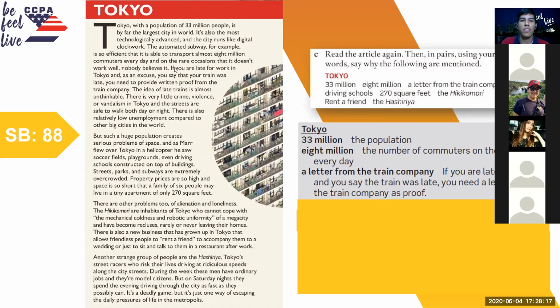I think driving schools mean schools, but how do you say it? Yeah, they are schools that teach you how to drive a car. But what is unique about the driving schools in Tokyo? Where are they?